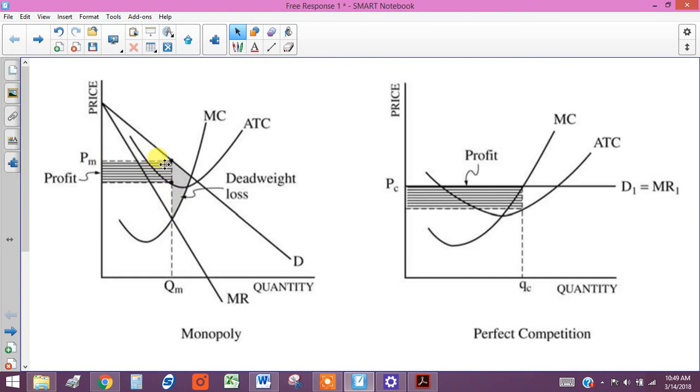So your price is always going to be above your marginal revenue. Sorry.